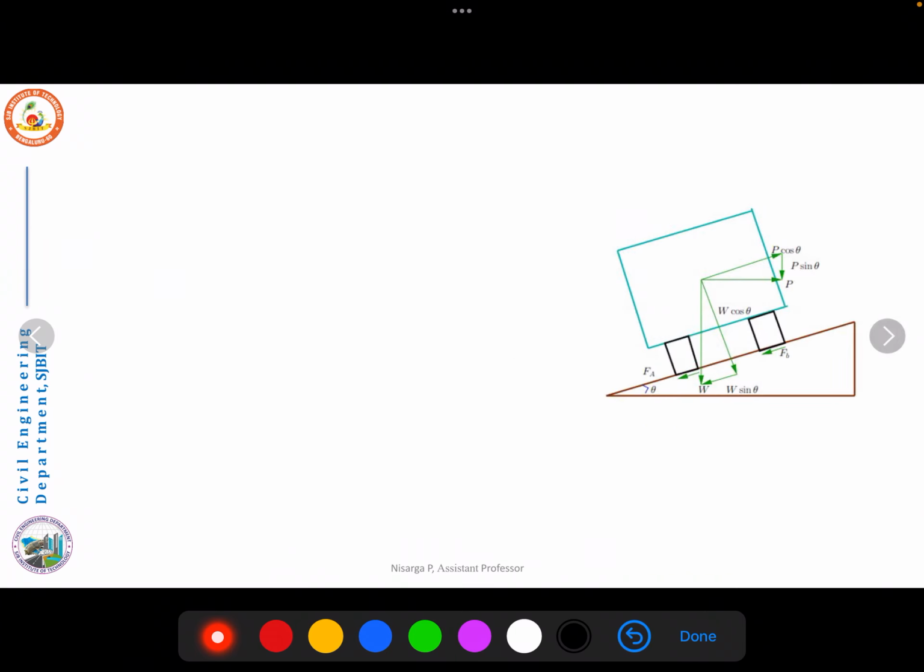So what we are doing is resolving at the equilibrium condition. We are resolving all the forces parallel to the surface. Here, when I say the surface, it is the pavement surface we are considering, not the ground surface. First we'll resolve all the forces parallel to the pavement surface.